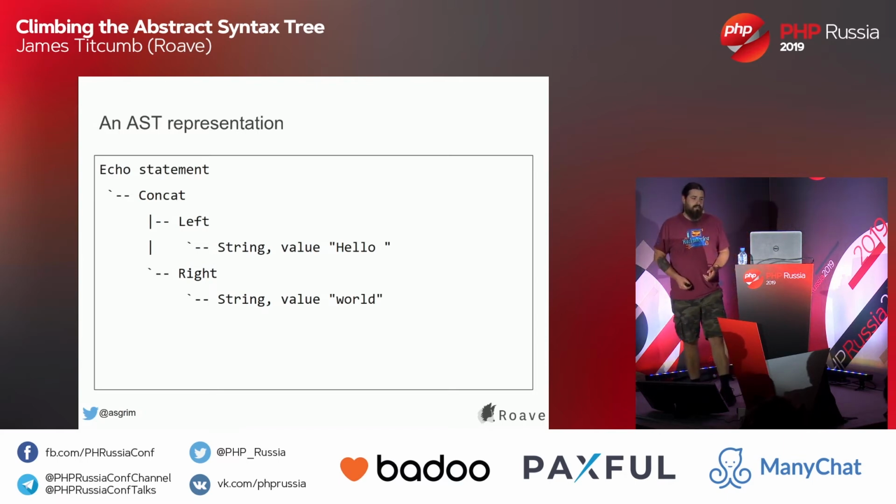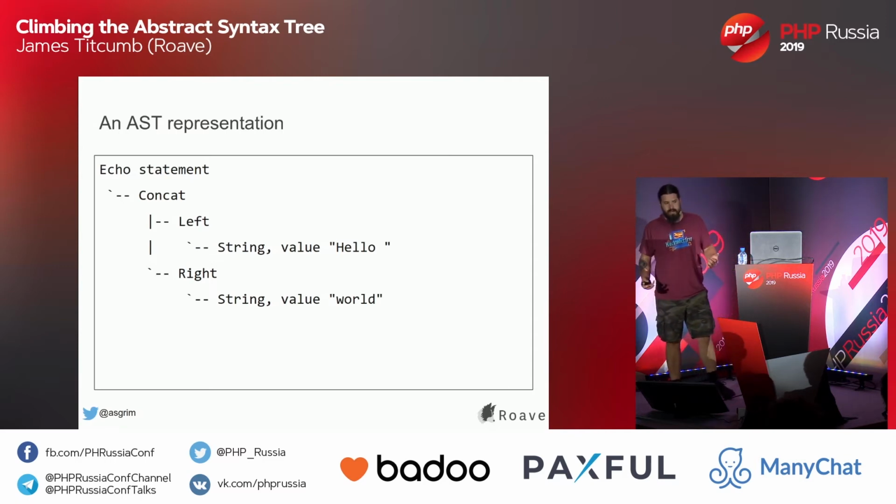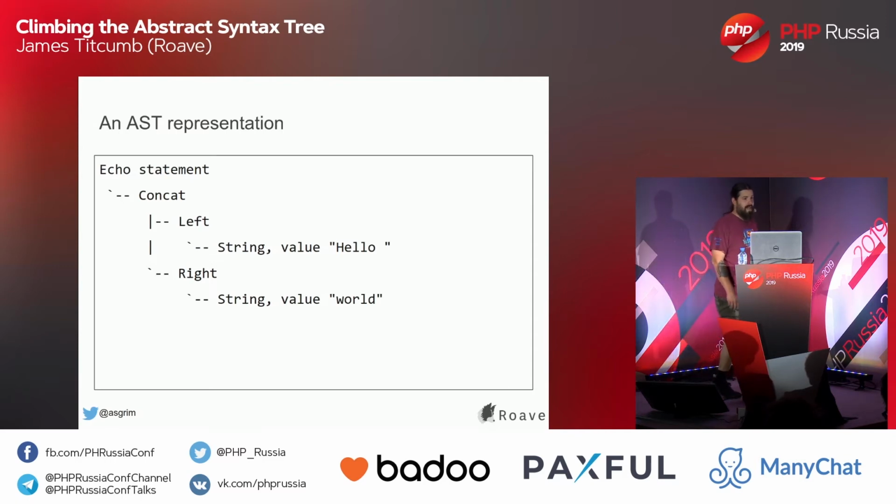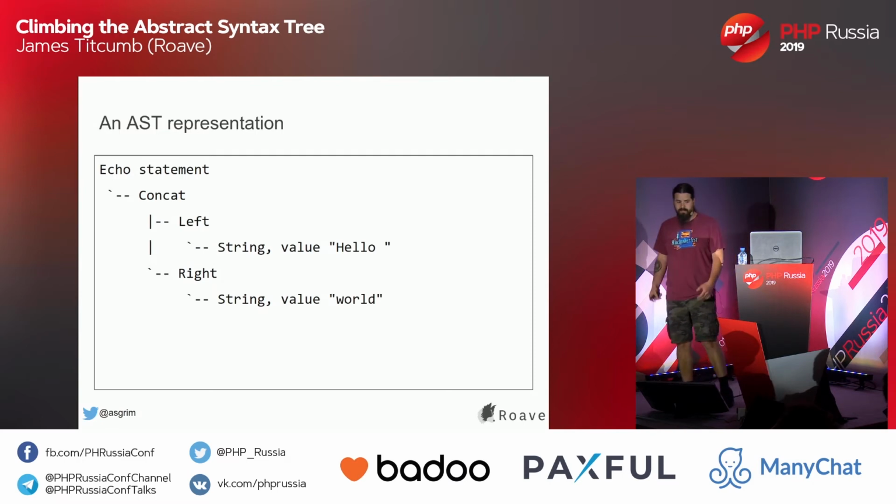It has two operands. So the left one is the scalar string hello, and the right one is the scalar string world. And an awful lot of things in programming languages are binary operators. They have two arguments. Add, for example. You have two things, add left and right, subtract, and so on, all the mathematical things.